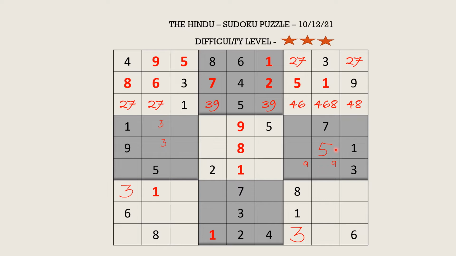But if you observe, this 9 blocks this entire cell. That means 9 will be here only. So this acts as a ghost and cancels out this 9, and this becomes a big 9. Then if you take 8, this 8 blocks here, and we have 8 blocking from here. So this cell takes 8.